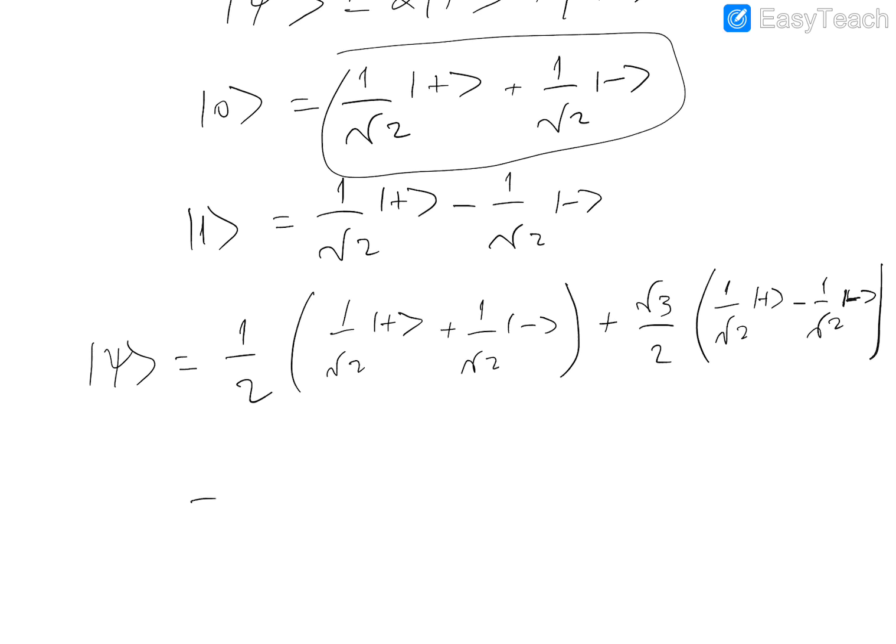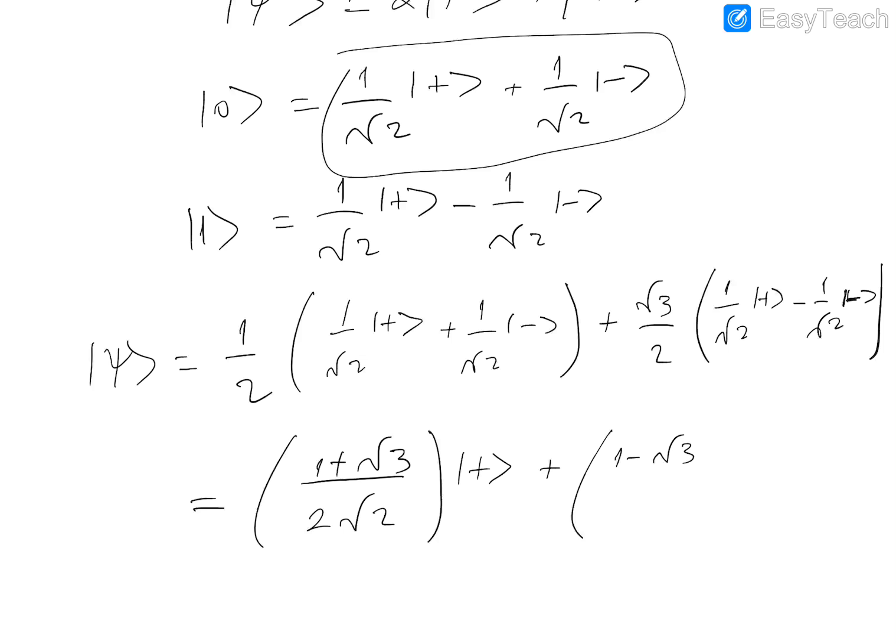And this is equal to 1 plus square root 3 over 2 times square root 2 ket plus, and 1 minus square root 3 over 2 times square root 2 ket minus.